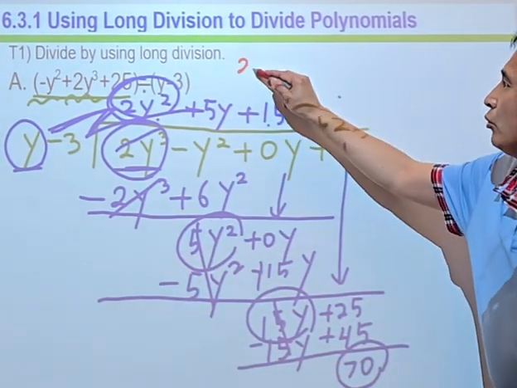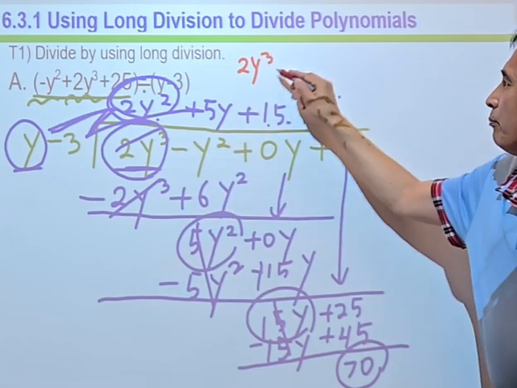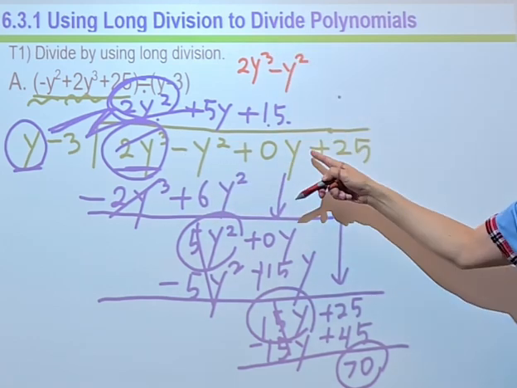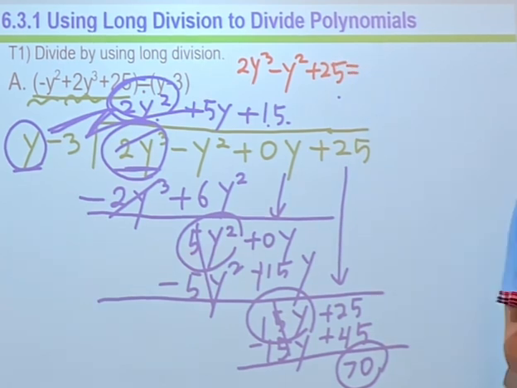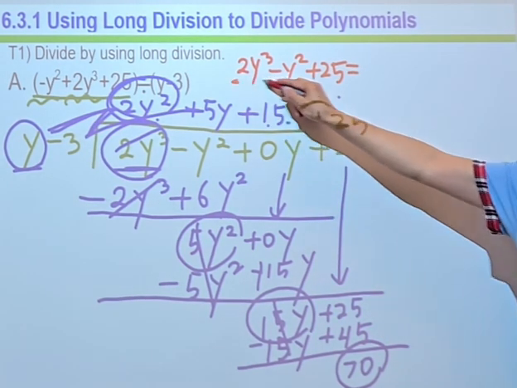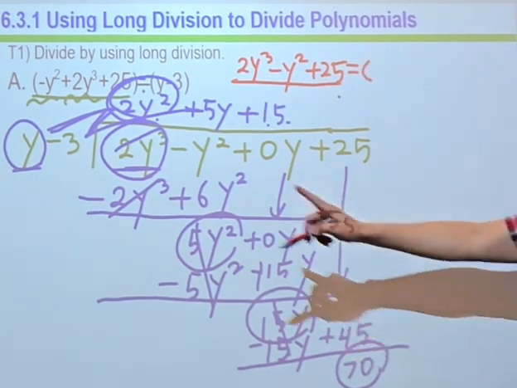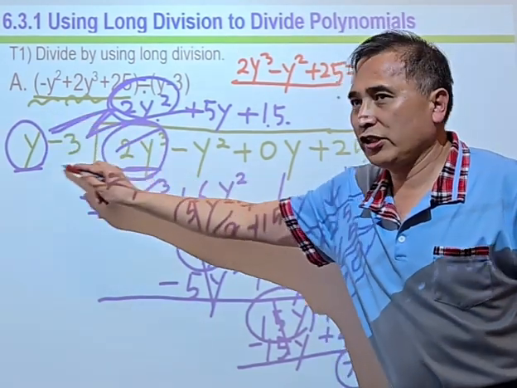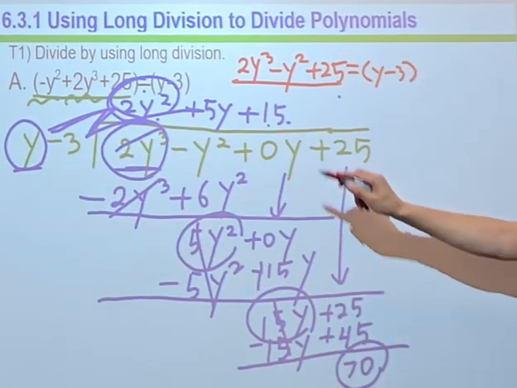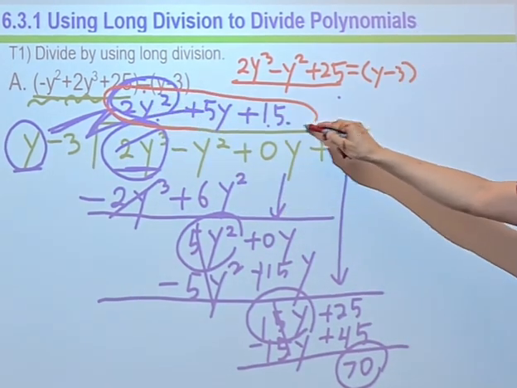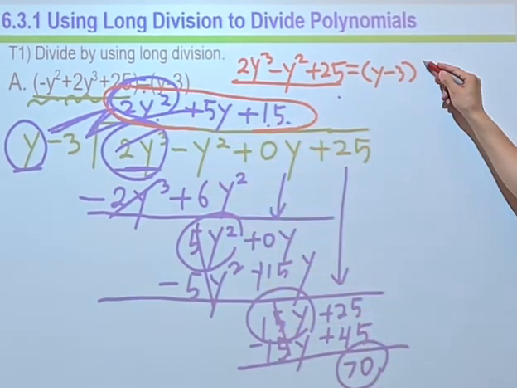Dividend 2y cubed minus y squared. You don't need the 0y anymore. Plus 25 equals. Okay? All the time, dividend equals divisor times quotient plus remainder. Divisor is the dividing polynomial. So y minus 3 is the divisor right there. And this top one, we call it the quotient. You're going to multiply by the quotient.